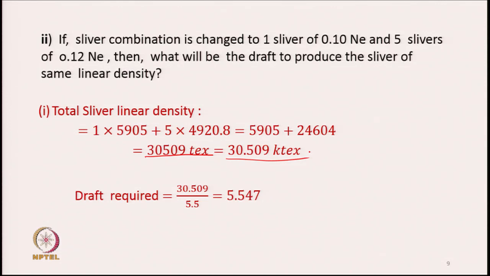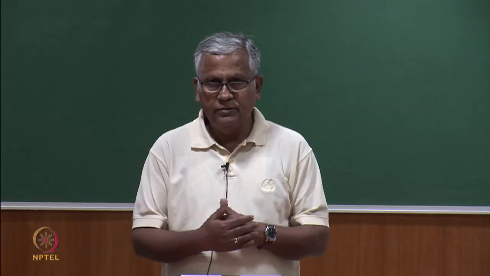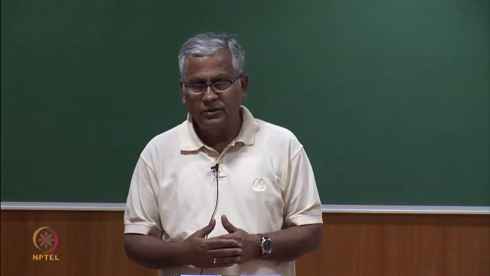If we want to know the drop, you simply take the ratio of input linear density to output linear density. So, it is 30.509 divided by 5.5, and that gives you a value of 5.547. So, approximately we need a drop of 5.5. This is the drop which was required when we change the sliver combinations.